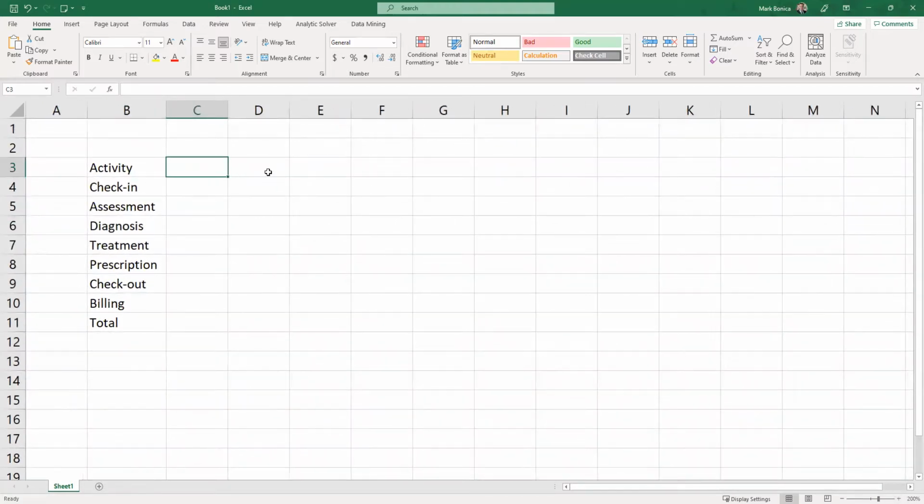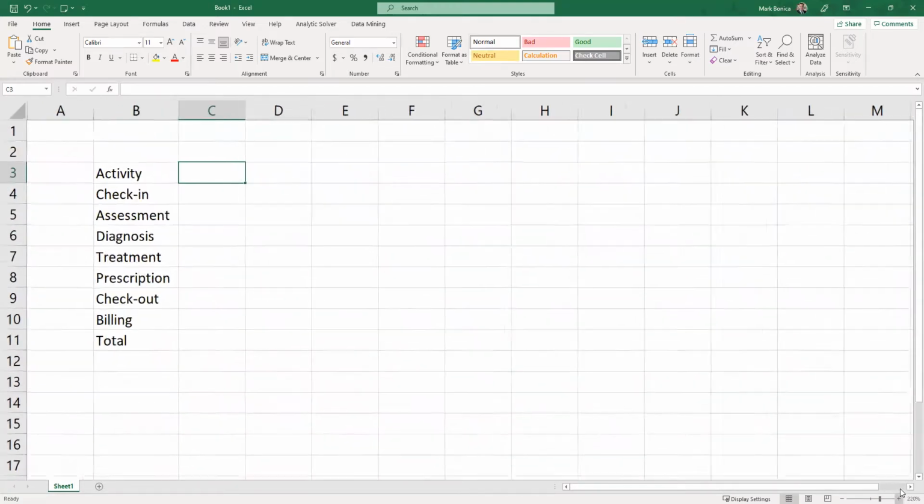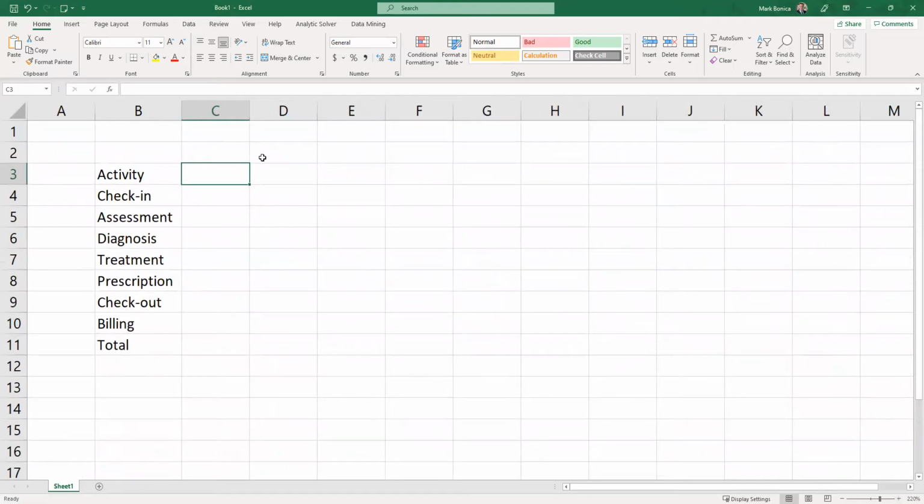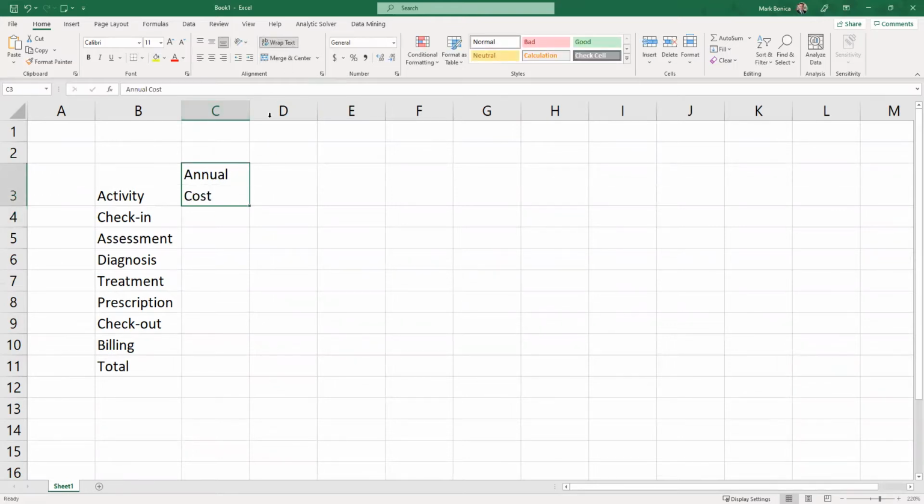Let me blow this up some more. All right, hopefully that looks good on your screen. All right, so the activity. So we identify the activities, then we try to figure out what the annual cost of each of these activities is. And so we're estimating that we spend $50,000 per year on check-in. That would be pretty easy to estimate because you could basically just take the salaries of your PSRs.